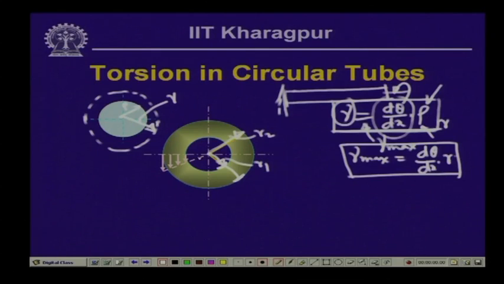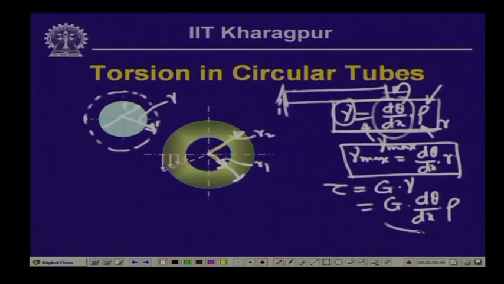So, the strain varies linearly with the radius, and so does the stress from Hooke's law: tau is equal to G times gamma, and since gamma is d theta dx times rho, tau is G d theta dx times rho. Again, G d theta dx being independent of rho, tau varies linearly with rho. So, the shearing stress varies linearly with the radius from the center.